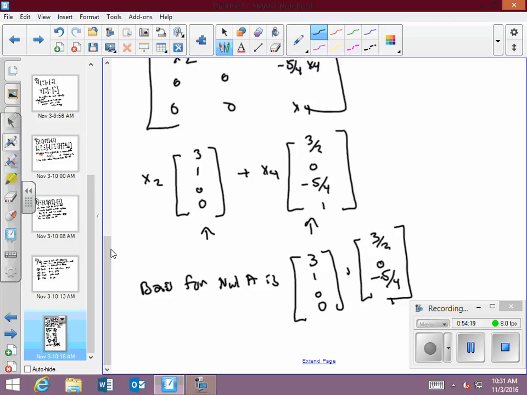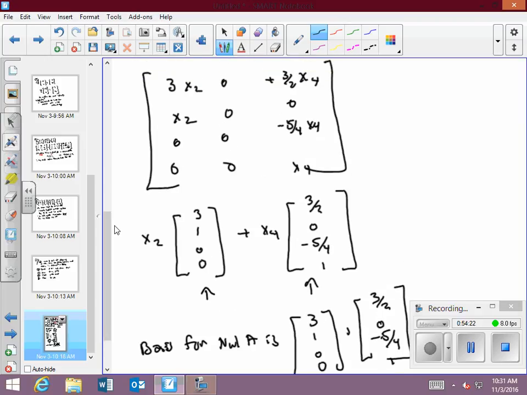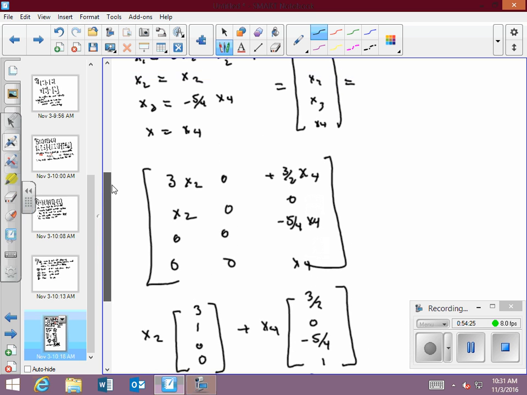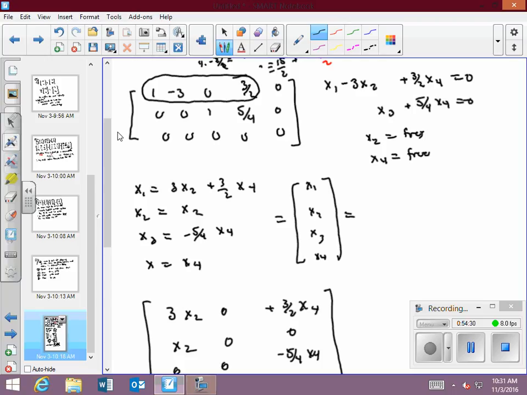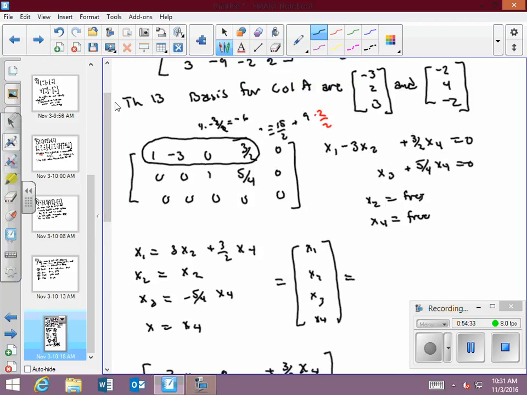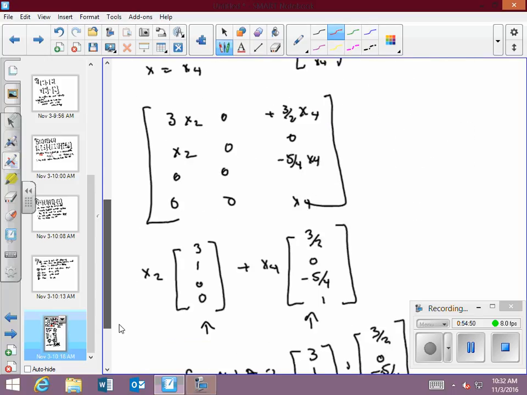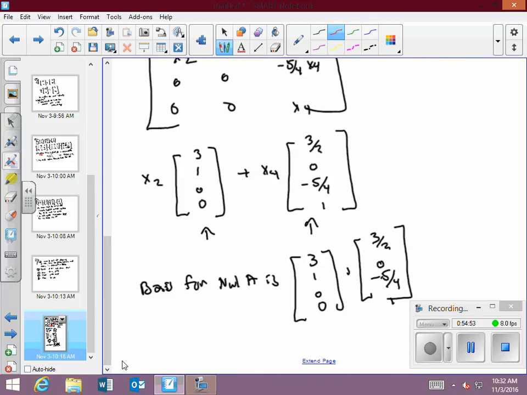Did I do all of those right? I mean, this is the right process, as long as I got it. This was 5/4, wasn't it? I didn't make a mistake there. That wasn't halves, was it? I'm not sure whether that number is right. If that number is right, then this is right. This has to be a 1. Anyway, does that make sense?